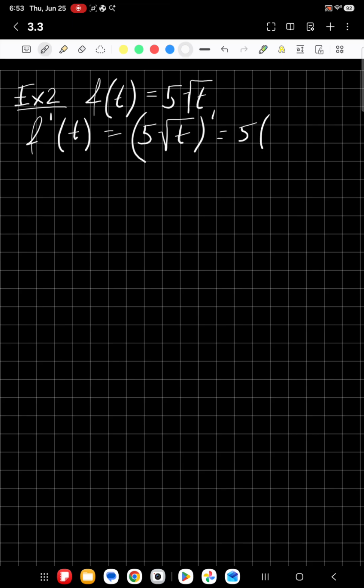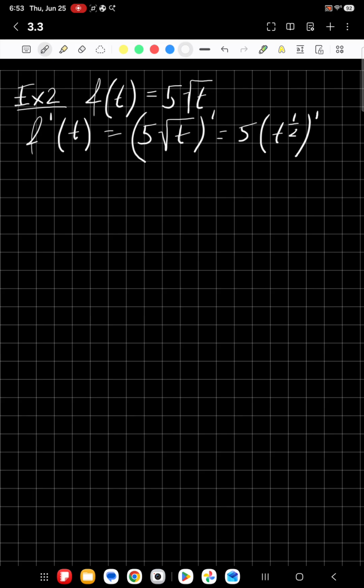Okay, so like this. And now I have t to the 1 over 2 power, that's what square root is. I'm taking the derivative of that. The prime is kind of too long. Okay, now it's too short. Now it looks like y. Okay, we'll try it last time.